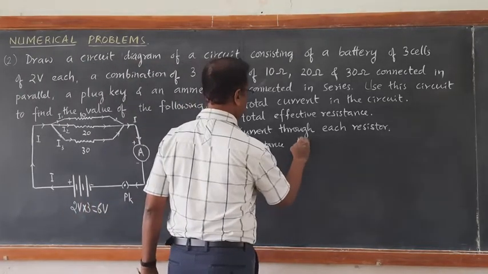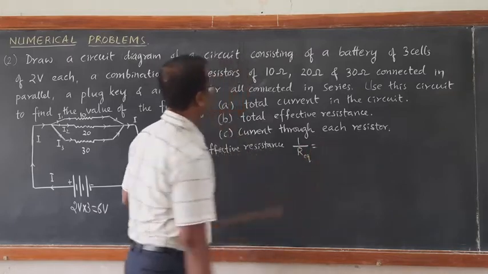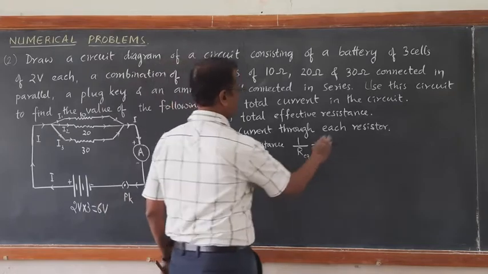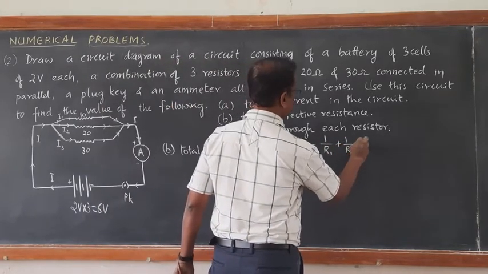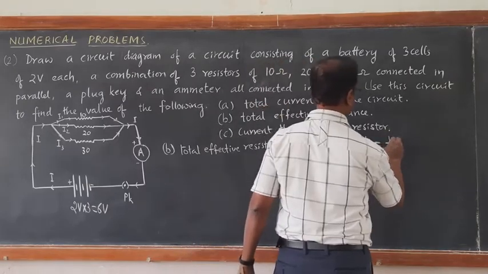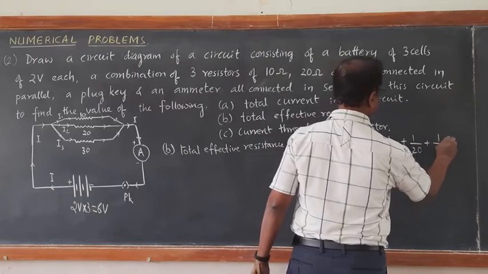So 3 resistors are there, connected in parallel. R equivalent: 1 upon R equivalent is equal to 1 upon R1 plus 1 upon R2 plus 1 upon R3. So that comes out to be 1 by 10 plus 1 by 20 plus 1 by 30.